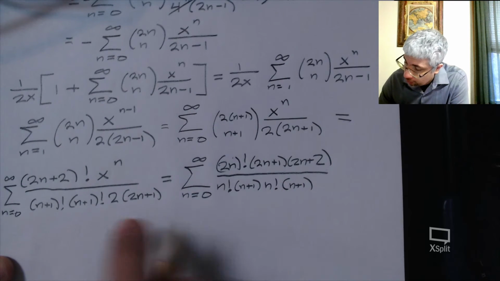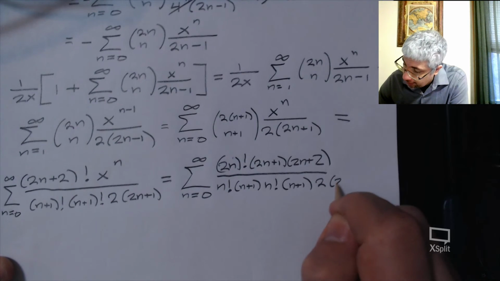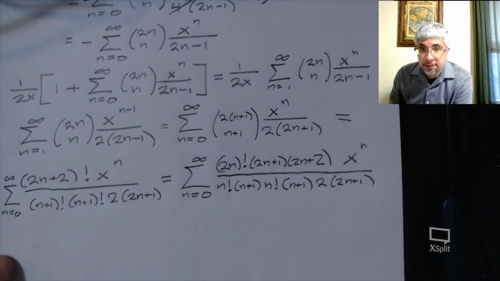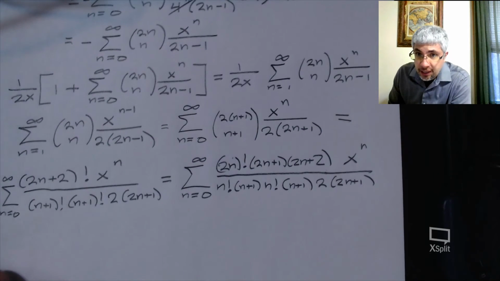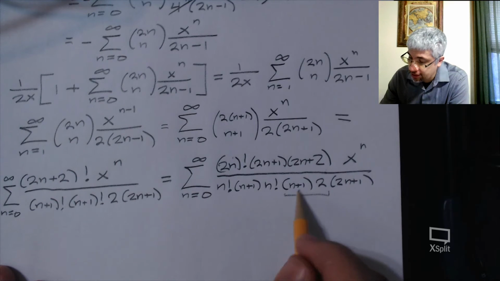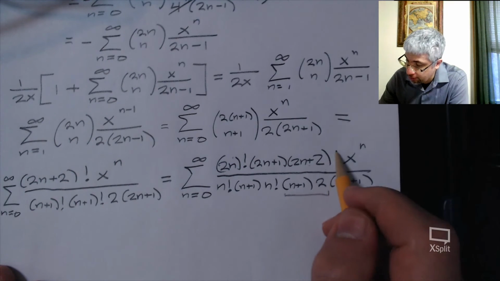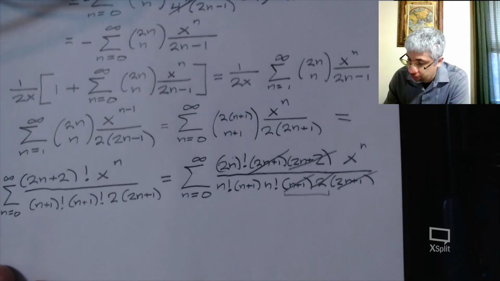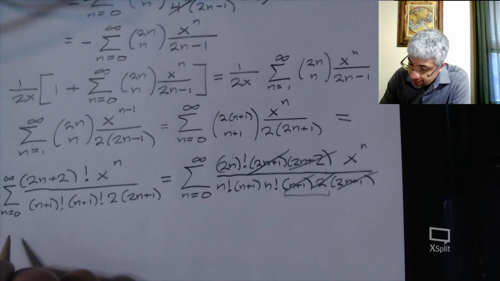And then what else do I have? I have a 2, and I have a 2n plus 1, and I have an x to the n in the top. Now this is very nice, because I have a 2n plus 2 right here. That's a 2n plus 2. So I can cancel that with these two. And I have a 2n plus 1 right there. And what does that leave me with?